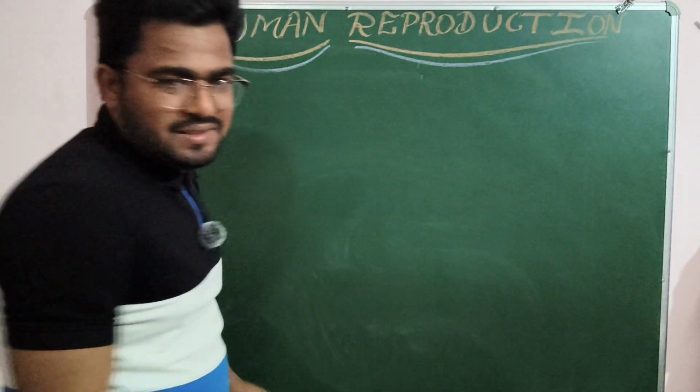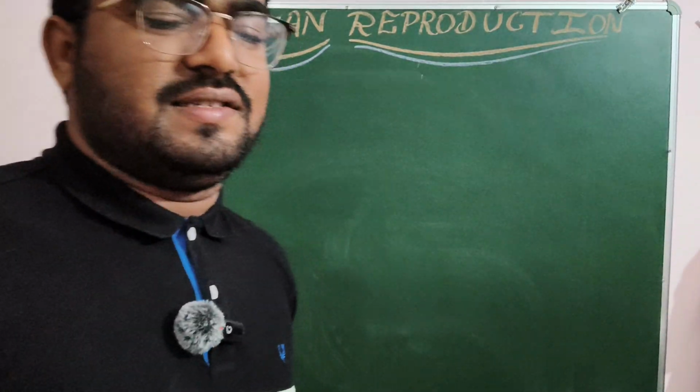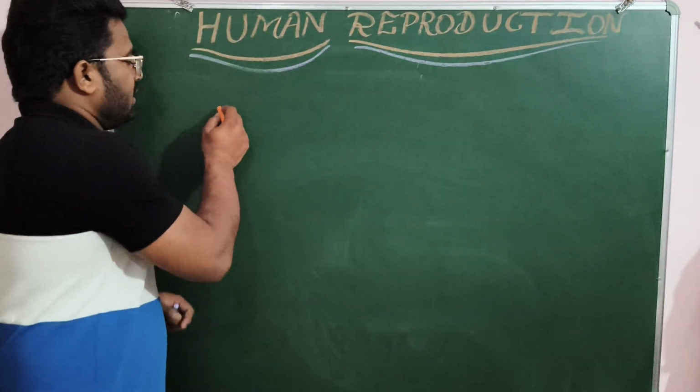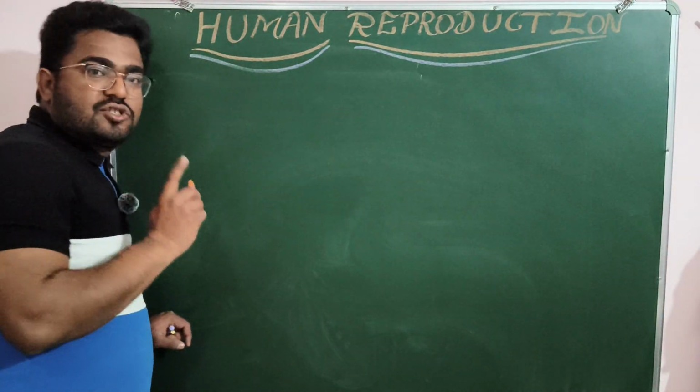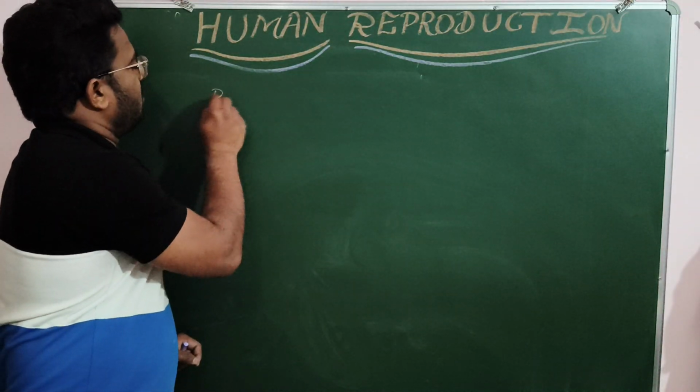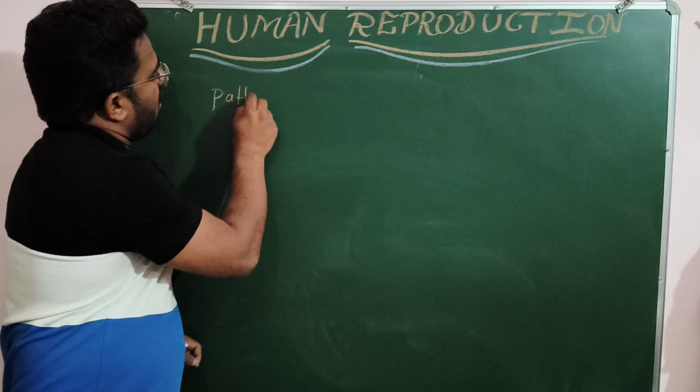Now here you will see the functions of different accessory ducts. Inside the seminiferous tubules, spermatozoa are formed.